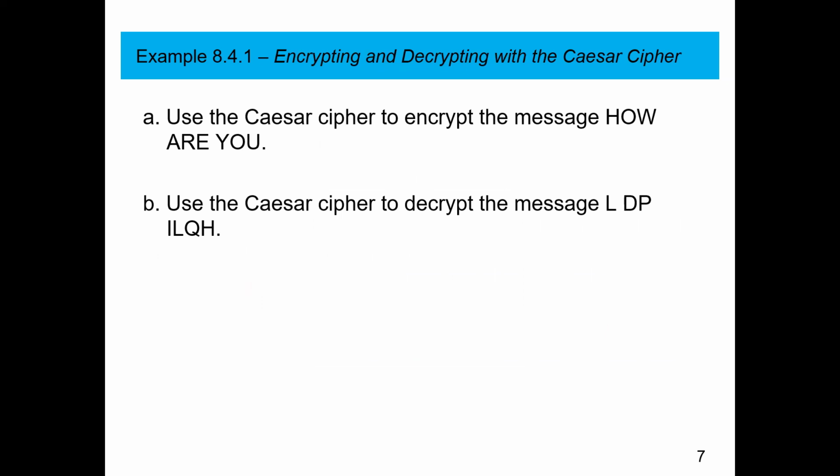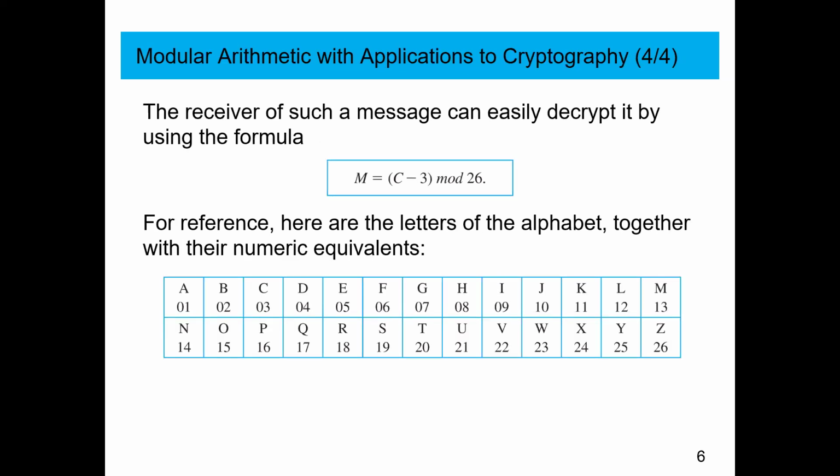Just to give you an idea about how this works, let's look at these simple messages. How are you? Let's go back here and look at the first one. It's easier if we do it on this screen so you can have this as a reference. Notice I'm not using a question mark. The H is an 8, O is 15, and W is 23.